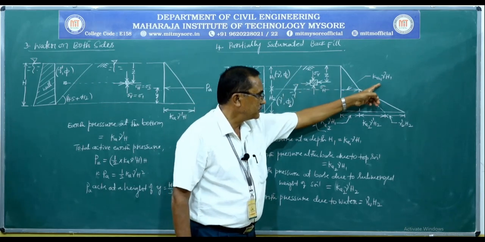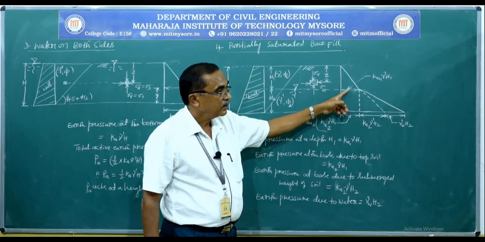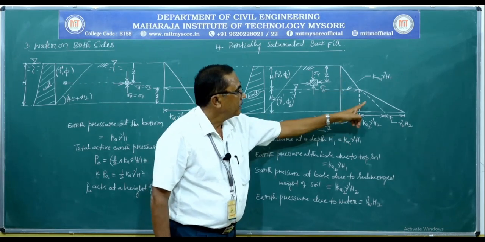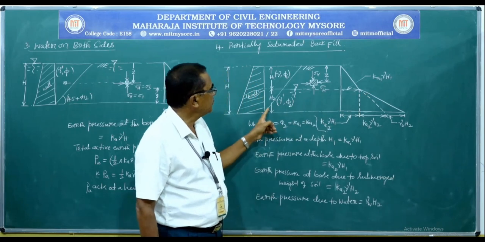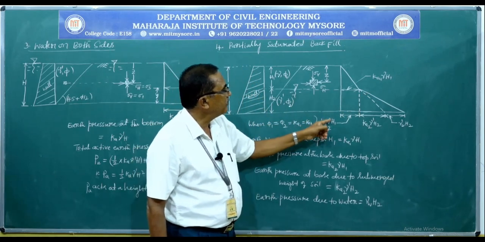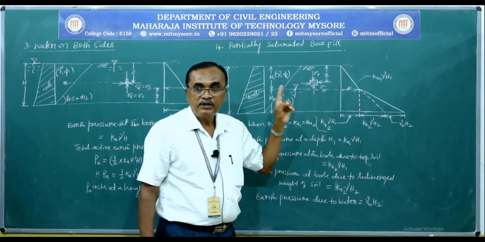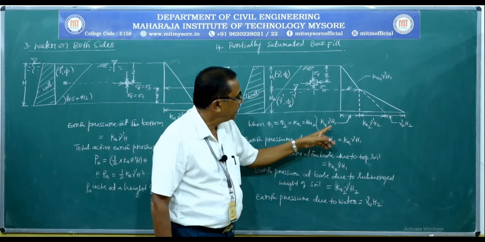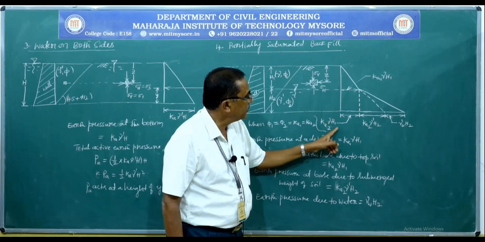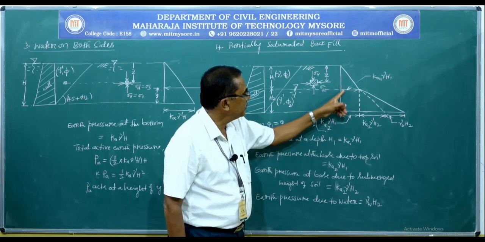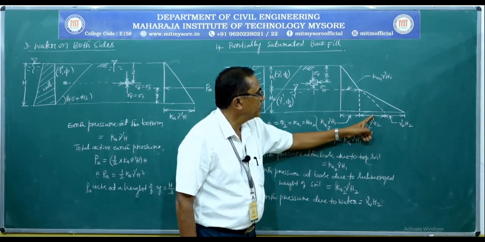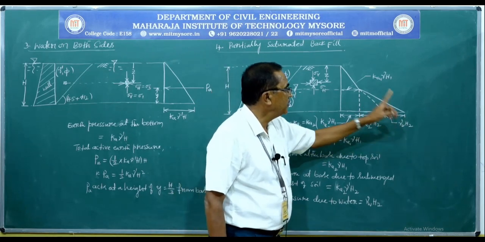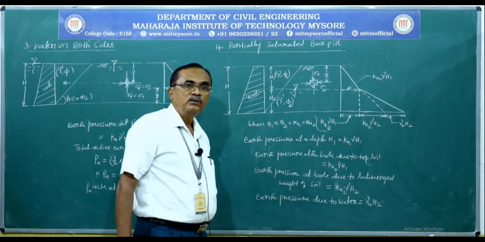Then, when we calculate the pressure at the base, along with the pressure due to submerged soil and water, we have to consider earth pressure due to surcharged soil above the water table. That we did here: Ka2 into gamma into H1 is earth pressure due to surcharge. Next, Ka2 into gamma dash into H2 is earth pressure due to submerged soil. Lastly, gamma W into H2 is due to water.